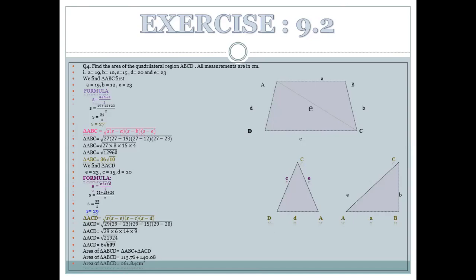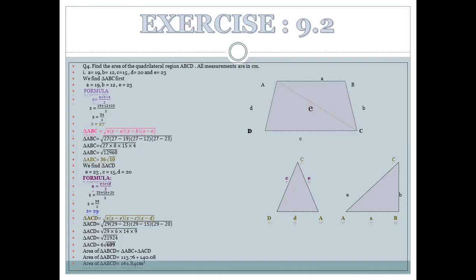A, B, C, D, the four sides of the quadrilateral, and how many sides are given there? 5. A, B, C, D, and one diagonal, which is E. First two parts included A, B, C, D, and E. You see that 5 elements are given to you in the question.